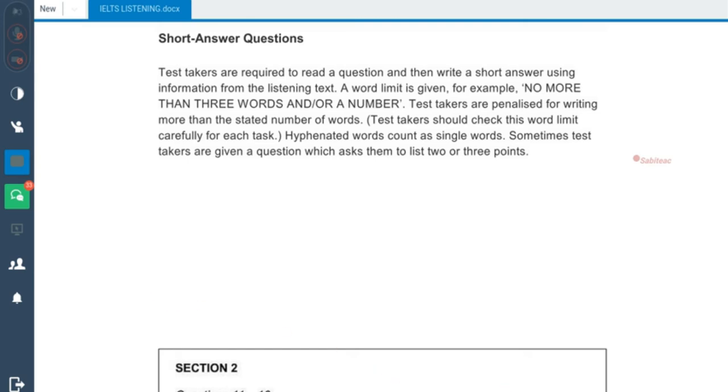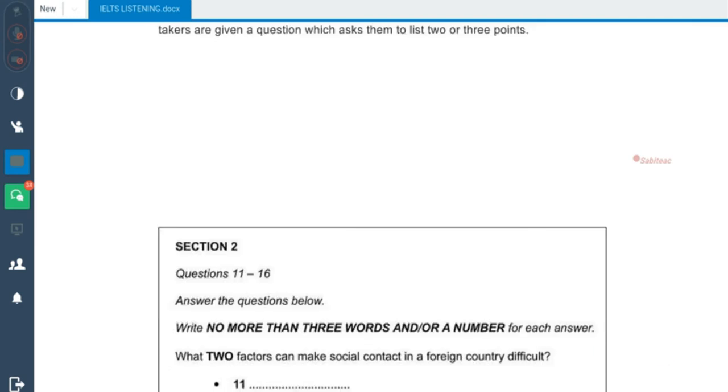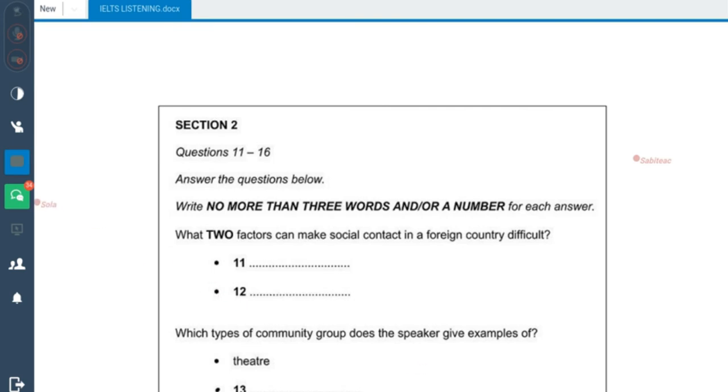Now this is an example of short answer questions. I think I already said that 3 words could be correct because the instruction says no more than 3 words and or a number.